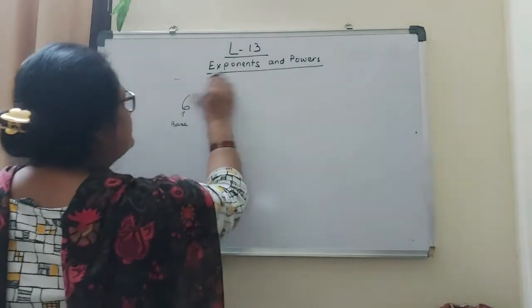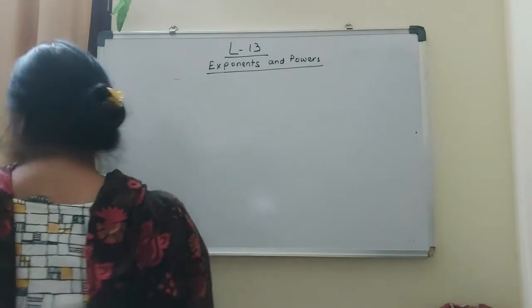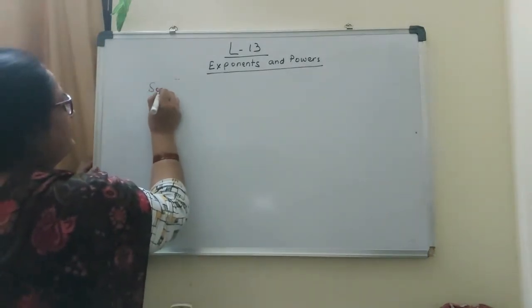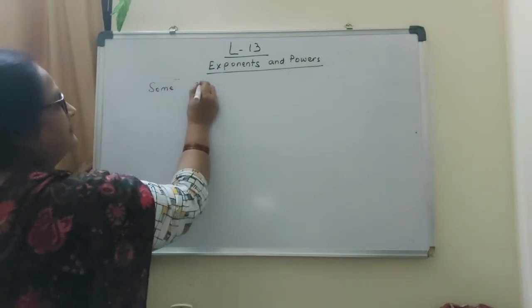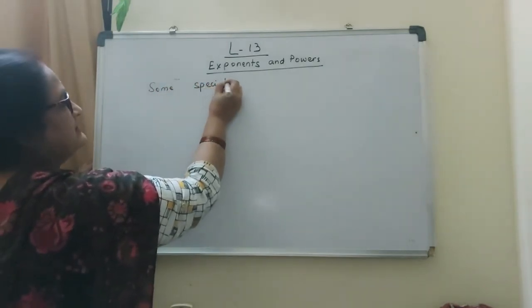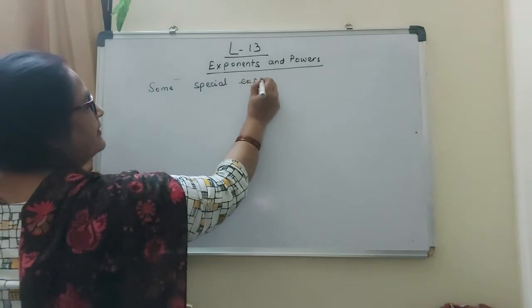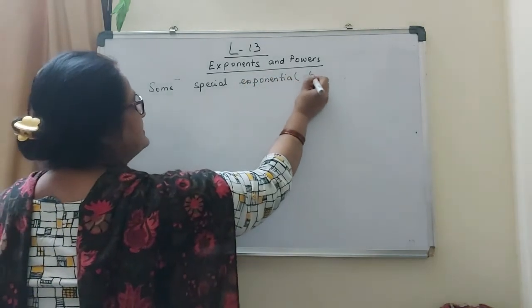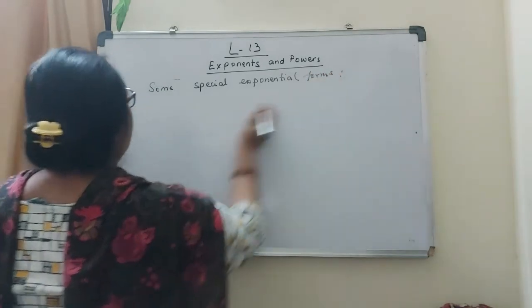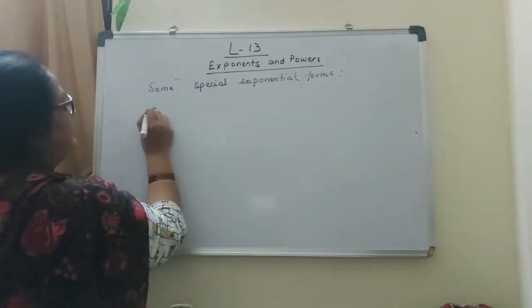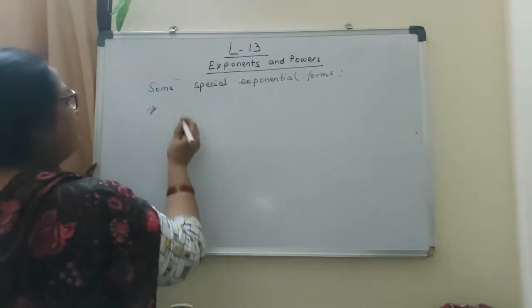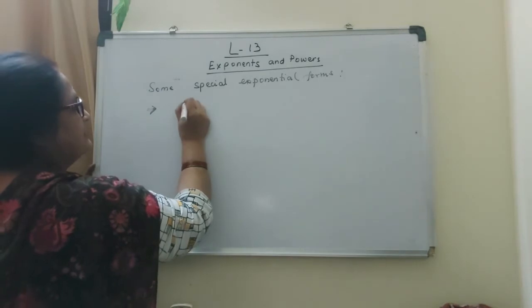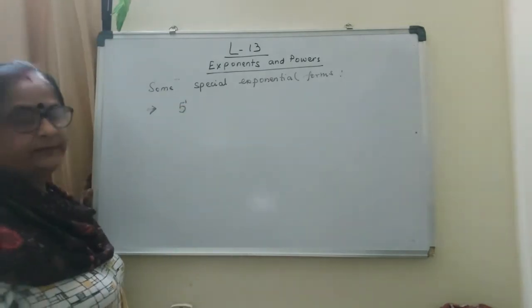Now I'll go very quickly into some special exponential forms. The first one is if a number, let's take 5, is raised to the power of 1.